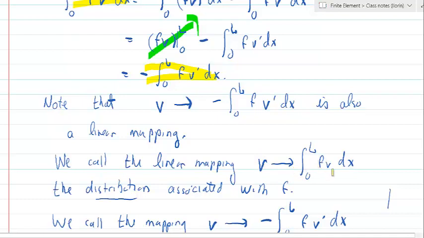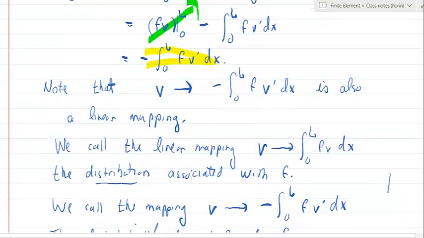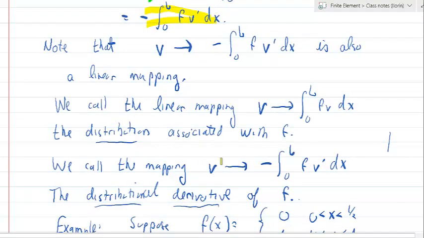Now, we can also have this second linear mapping where you take the integral from 0 to L of f v prime with a negative sign. This is called the distributional derivative of f. Okay, so here's the distribution associated with f, a linear mapping. This second linear mapping, which is derived from the first, is called the distributional derivative.